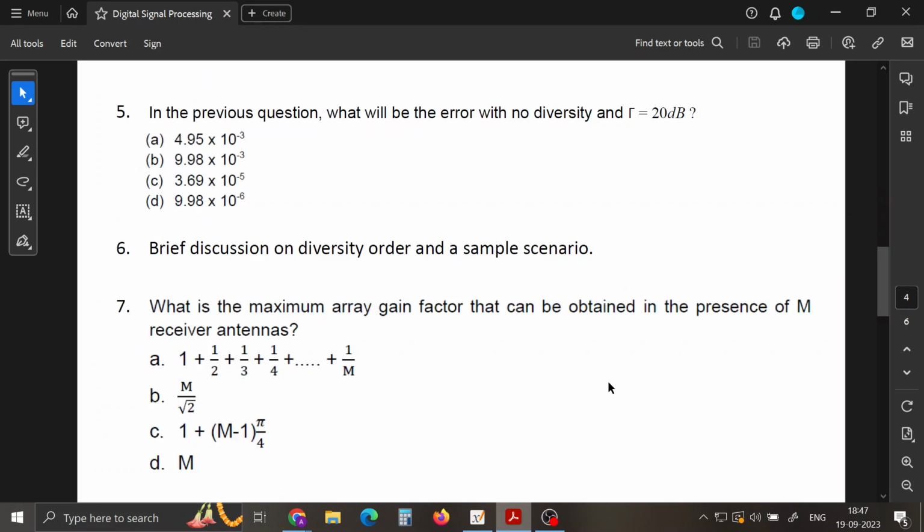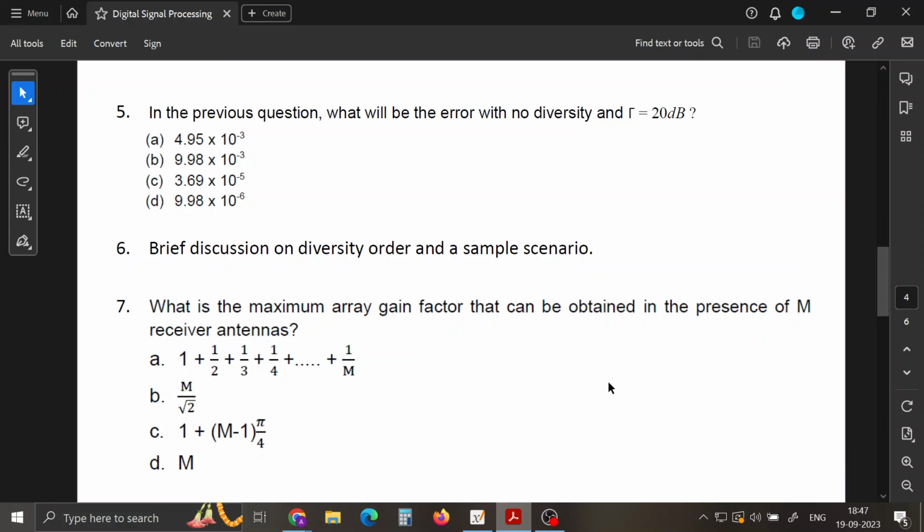Okay, so question 5 is a follow-up question for the 4th question. Now they are asking that in the previous question what will be the error with no diversity and average SNR equals to 20 dB. So here we are not talking about diversity, we are not going for multiple branches.